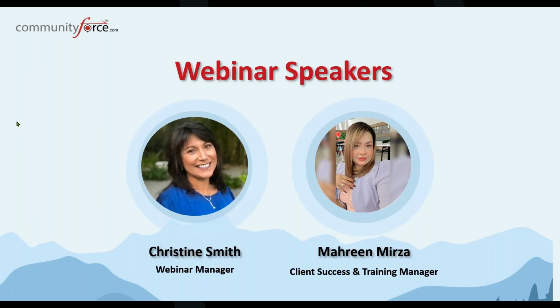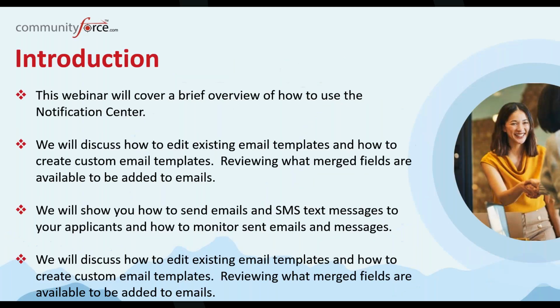So, of course, let's go ahead and get started with our introduction for today's session. The webinar that we're having today is going to cover a brief overview of how to use the Notification Center. We're going to be discussing how to look at your email templates and edit them, how to create customized email templates, and then also go over some of the key merge fields that are available to be added to those emails, maybe touch on what some of those are and what they're actually looking at on the site.